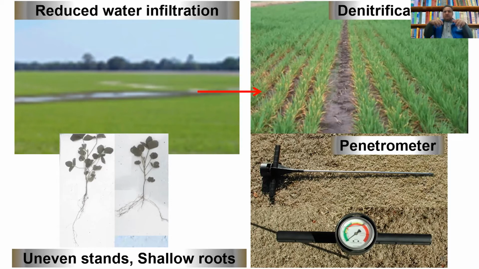With your weight, which I assume is 200 pounds, you should easily be able to push it into soil. And if you cannot push it into soil, it means you can take a soil sample to measure the soil compaction.